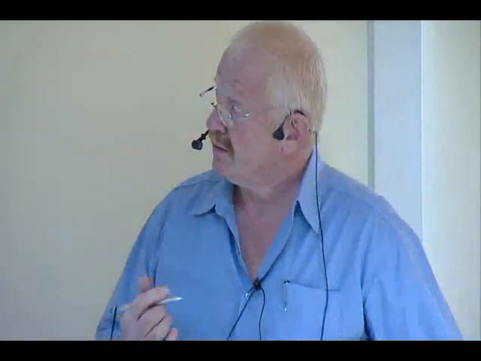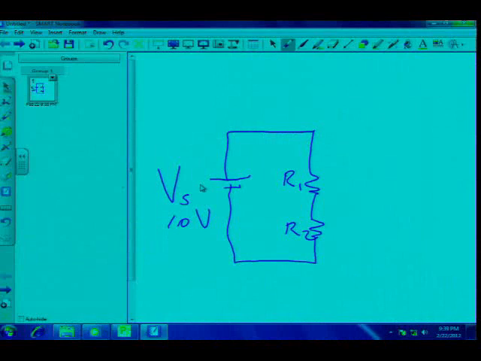So if I have a supply voltage here, let's make that 10 volts, and I have an R1, R2, so you can already see the similarity that we've discussed with the amplifier circuit. Let's make the explanation simple. Let's make these 2 resistors 1 kilo ohm each.